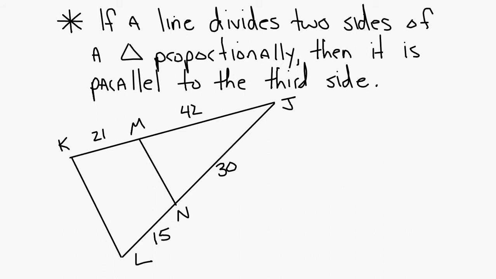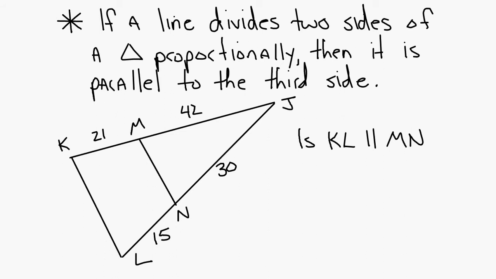If you're given this diagram, there's two ways you'll see this question. You can be given this diagram, and you could be asked, is KL parallel to MN? Well, does MN divide the two sides of this triangle proportionally? Okay?